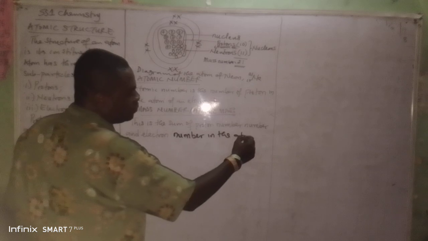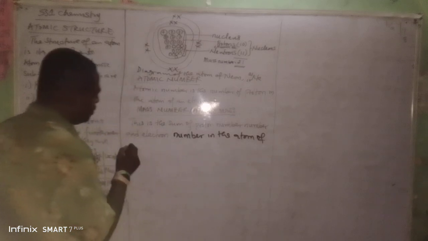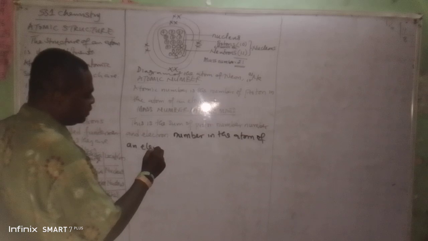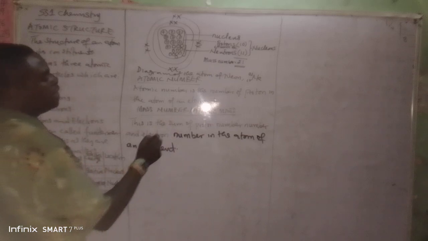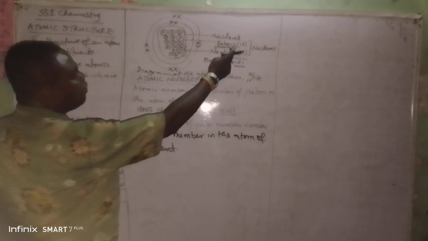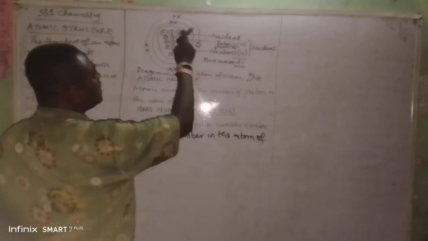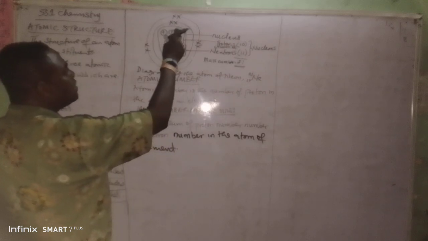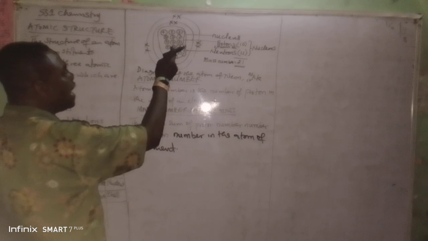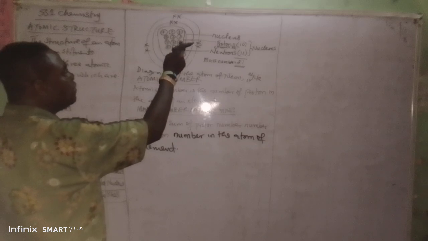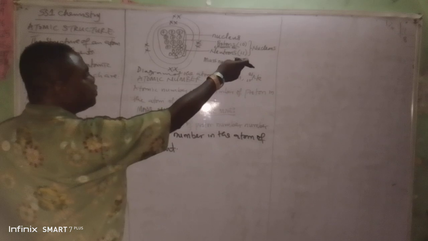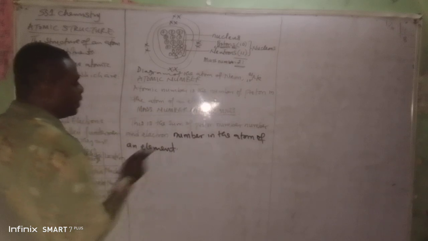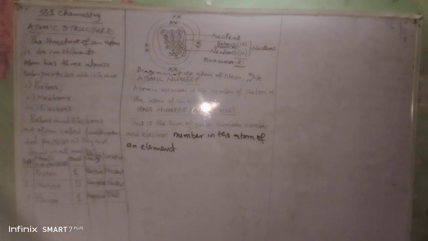You can see here, when we add the proton number, this 10, 1, 2, 3, 4, 5, 6, 7, 8, 9, 10, we now add it to this 11, 12, 13, 14, 15, 16, 17, 18, 19, 20, 21. We get 21. This 21 is a mass number. So that is what we mean by a mass number.